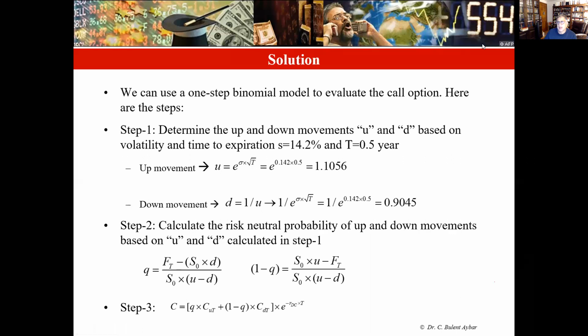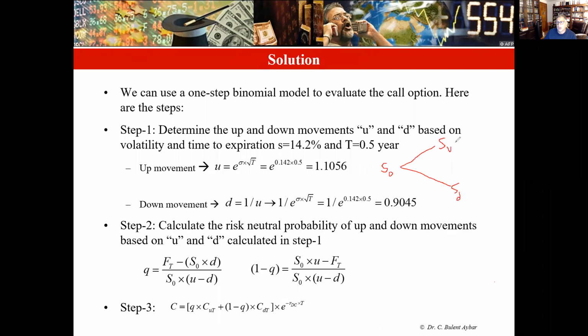Let me write this down just to explain what I'm trying to say in here. According to the binomial model, we have a spot price. The spot price in a time frame of half a year can go up to what we call an up value, or it can go down to a down value.